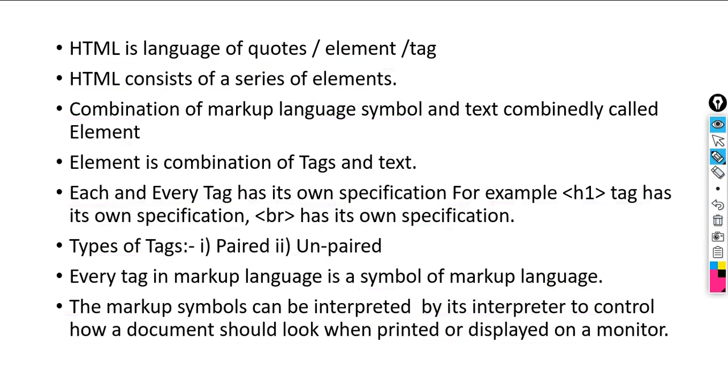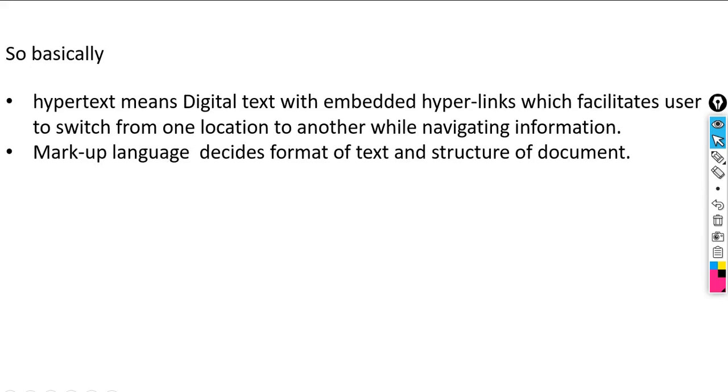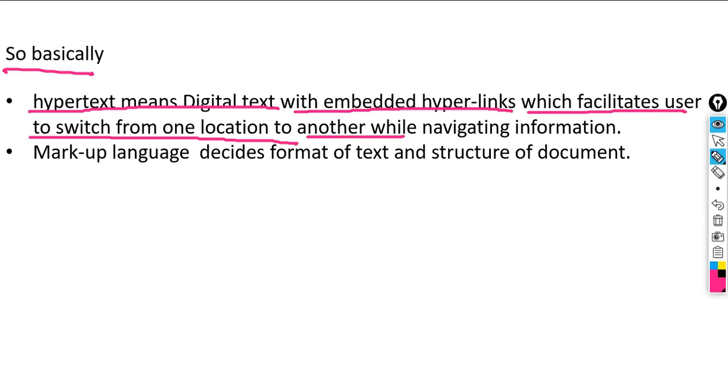Now we need to move forward. Let's conclude this entire session. So basically, hypertext means digital text with embedded hyperlinks, which facilitates the user to switch from one location to another while navigating information.